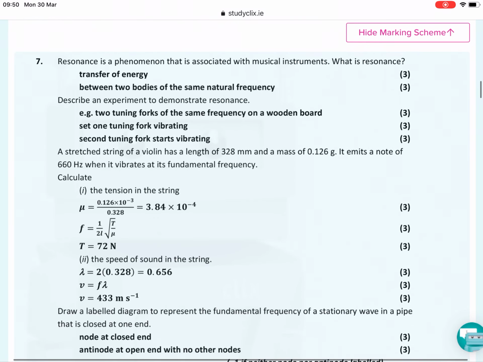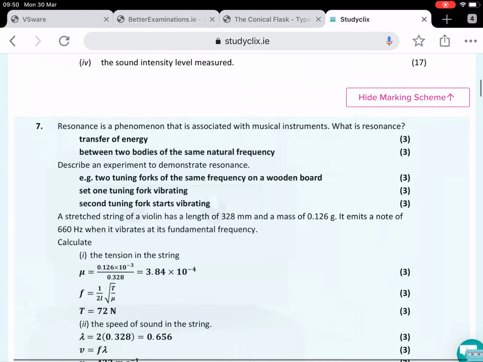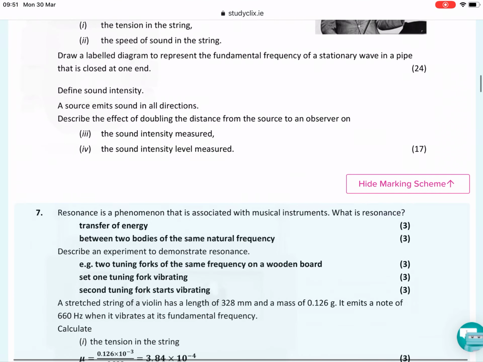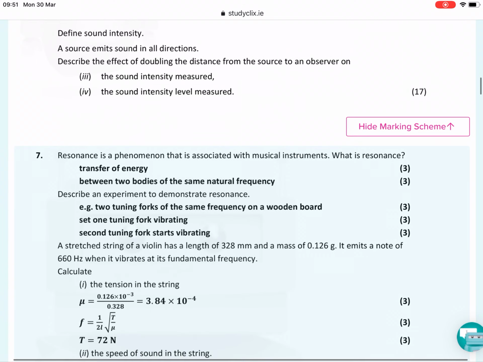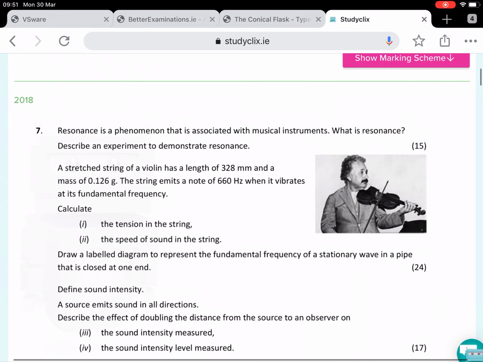So again, to find the tension in the string you need your mass per unit length, if you recall, which is that mu, Greek letter. Okay, so we can just do mass over length, and you can see that it is 0.126 grams. So we change that into kilos, 0.126 by 10 to the minus 3 kilograms, and 0.328 is meters, because we're talking about 328 millimeters.